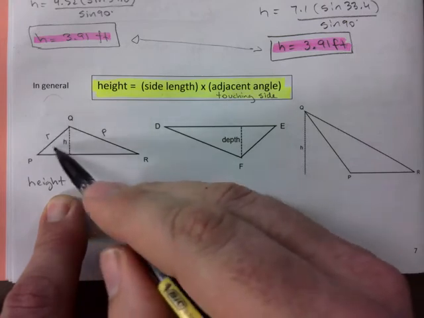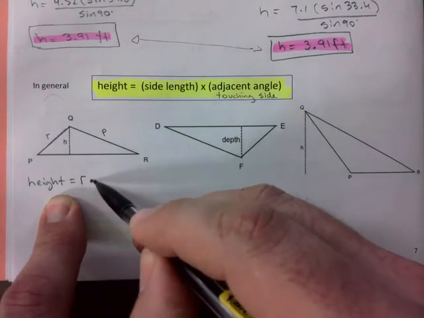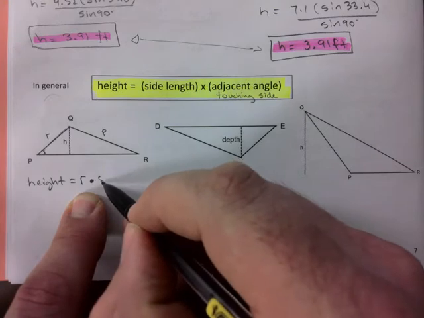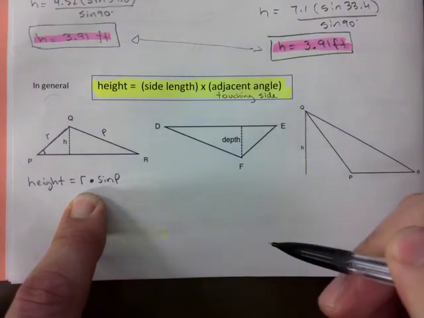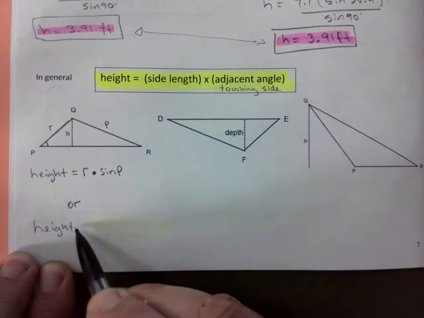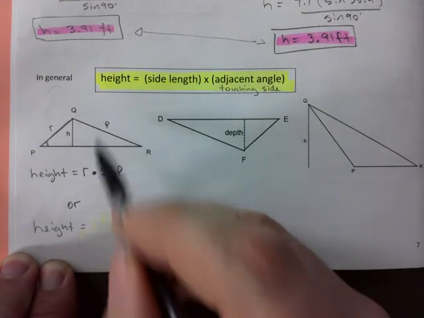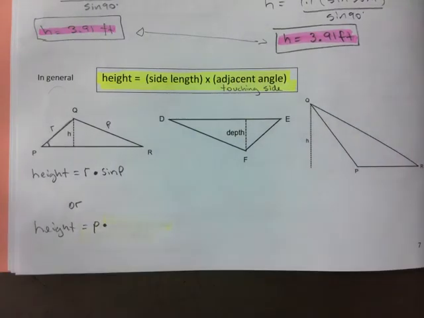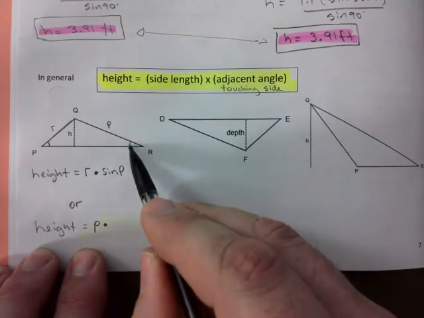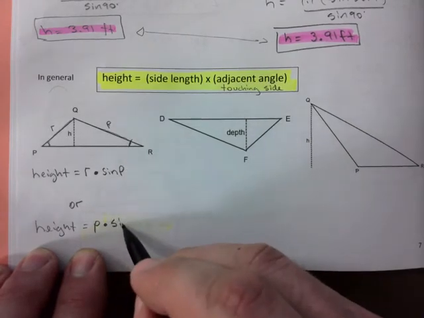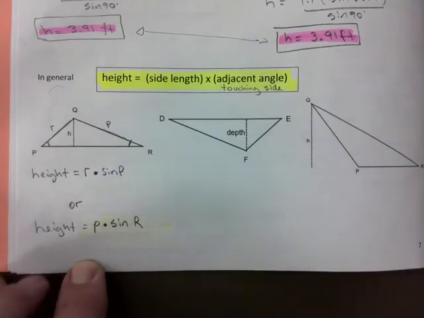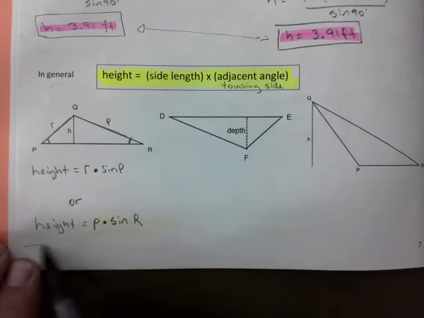If we go from the left here, it would be side R times this angle right here, so sine of P. Or the height could also be found by coming from the other side, which is side P times, you can go times if you'd like, or brackets, this side is touching this angle, so sine of R. So there's two ways of finding the height, I guess, using this triangle.